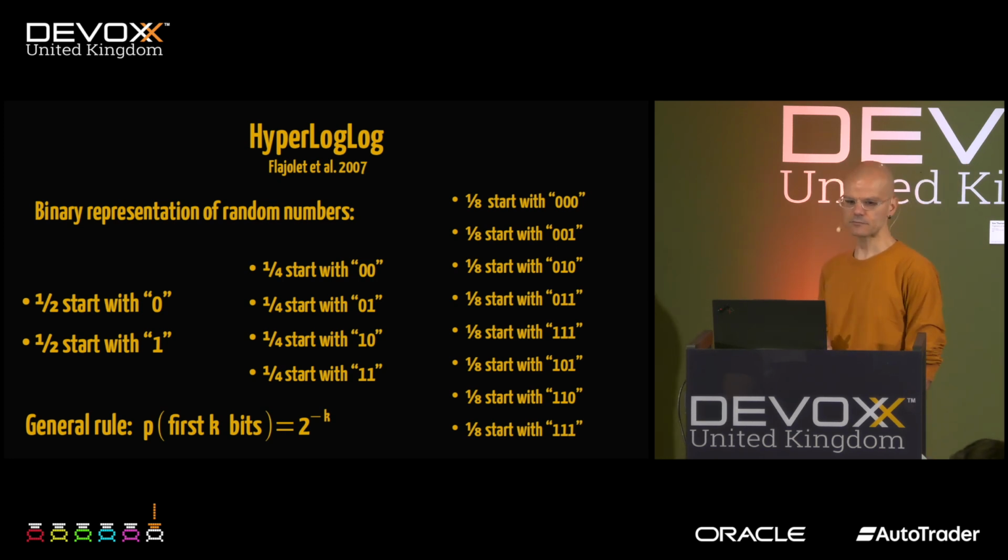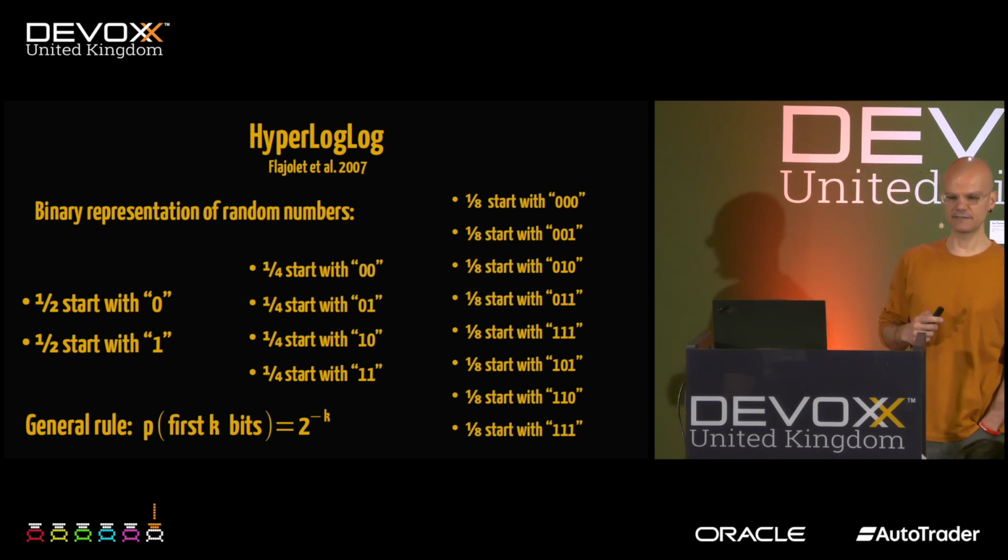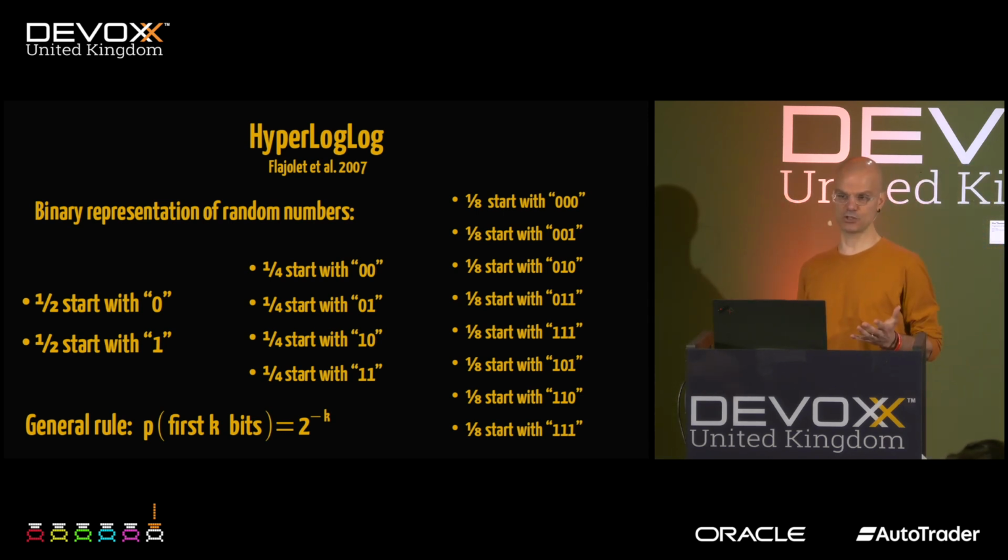The idea is, let's imagine we have a set of completely random numbers. Now imagine their binary representation. I think you can safely say that roughly half of them will start with 0, and the other half will start with 1.